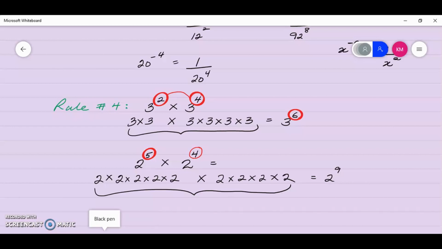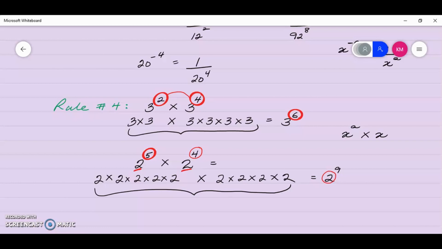So to write this rule in a general form, I can say x representing a base, and I raise that to the power a. If I multiply that by x, now notice we had the same bases. I had 2 here and I also had 2 here, and that is how we could have written back our same base here.